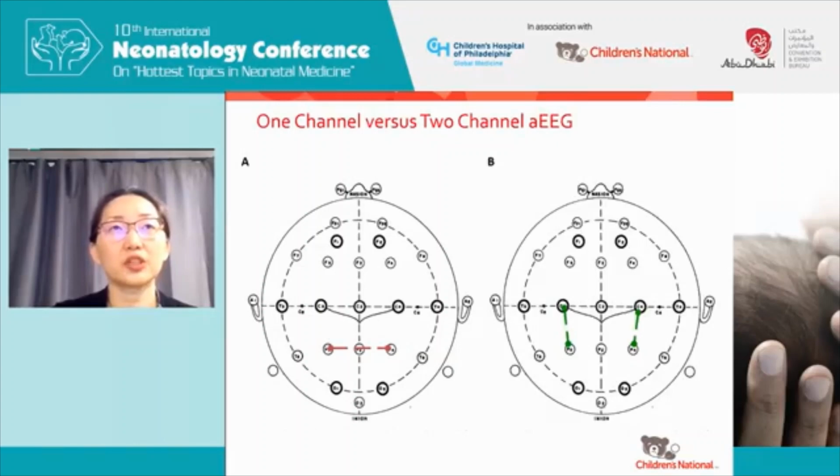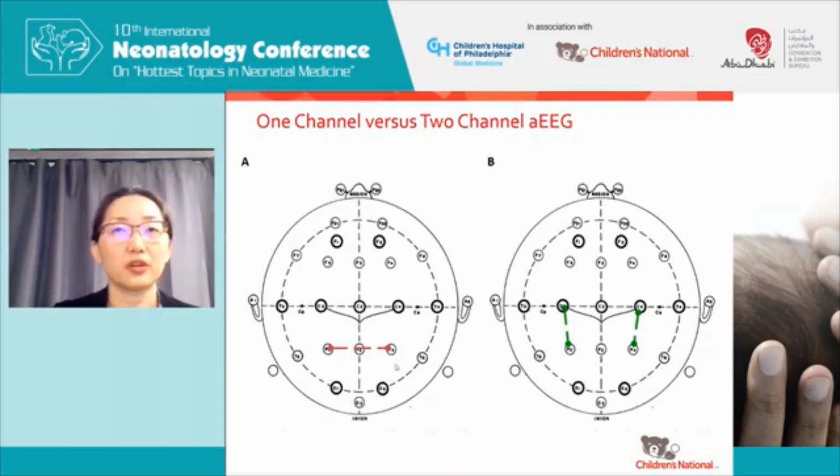Now, since the original CFM or amplitude integrated EEG, there have been other vendors that have allowed the ability to place more electrodes. Of course, the more electrodes you place, the more scalp coverage you're going to get to see what is functionally going on in more geographic locations of your cerebral cortex.